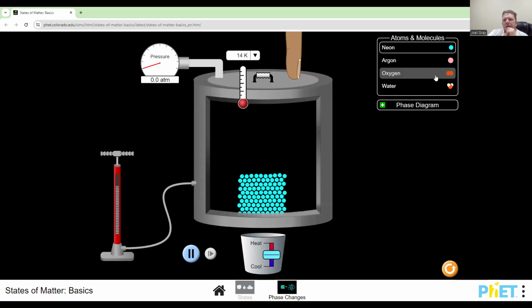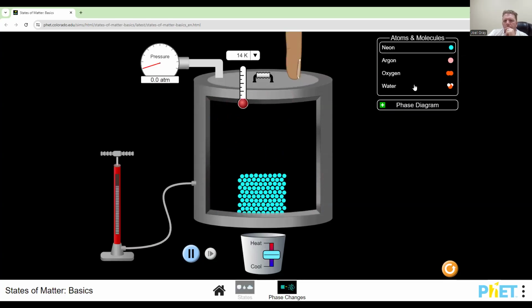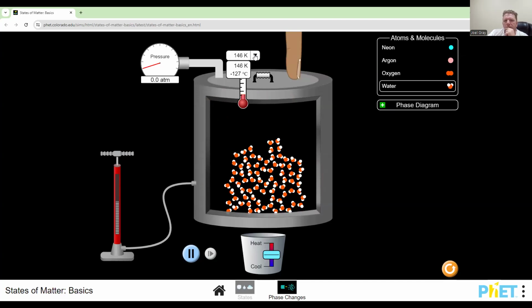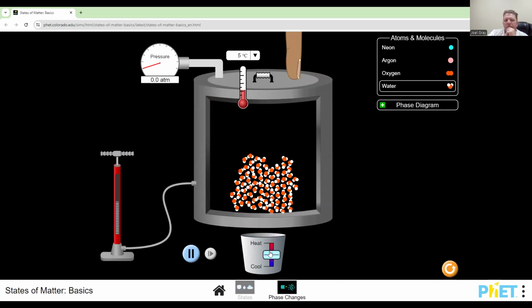So let's say that we've got, okay, I'm going to go back to states and we're going to go with water. Just because this is a little bit more tangible, I'm going to heat this water up to 5 degrees Celsius. So this solid water to 5 degrees Celsius. So this is definitely a liquid.